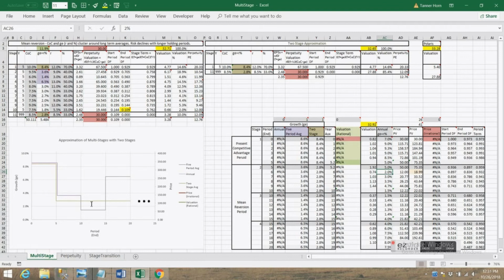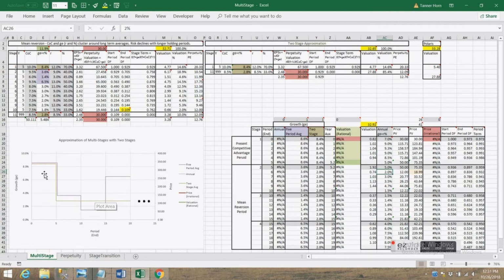So if you go with a single growth rate, you're putting a lot into that one number, and it doesn't really give you much of a framework to even think about what the appropriate single growth rate should be for the life of a company. So it's better not to go all the way down to one stage, one growth rate, but to keep it at 2.